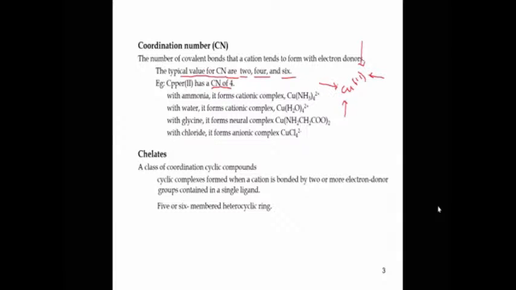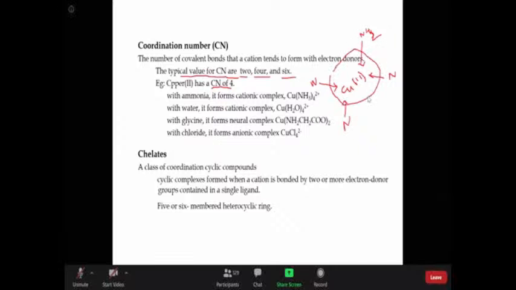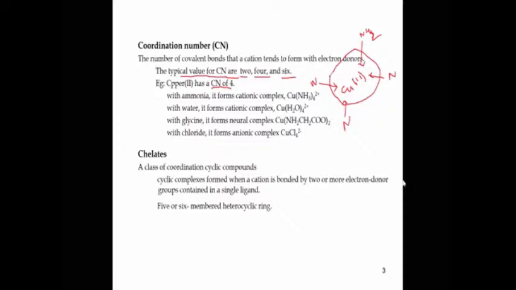For example, ammonia, another ammonia molecule here, and another ammonia molecule here, right? 4 coordination bonds, 1, 2, 3, 4. For copper 2, the very common coordination number is 4.